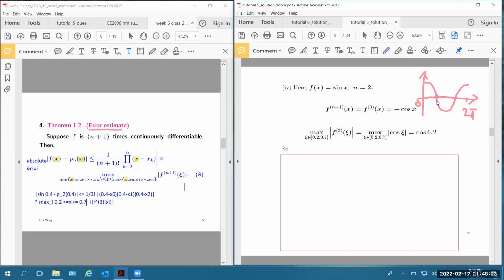Now this point that I'm marking here, when cosine is 0, is actually pi over 2. Do you all know what is the value of pi over 2?